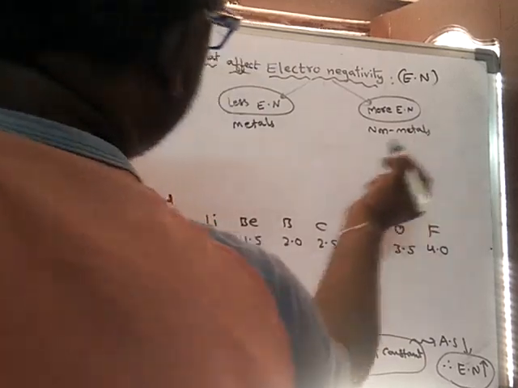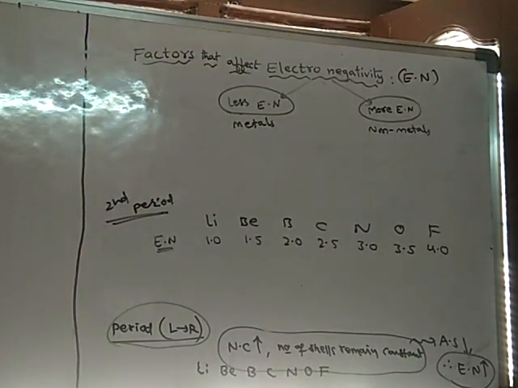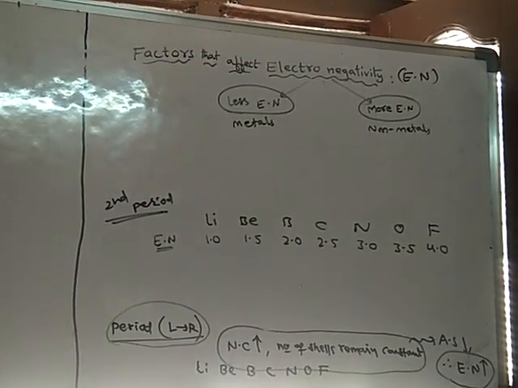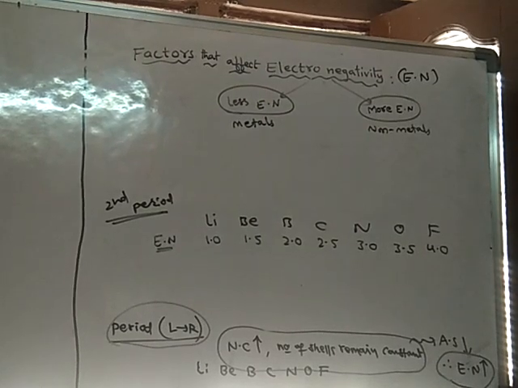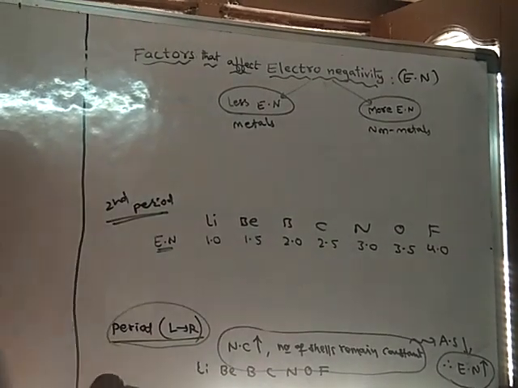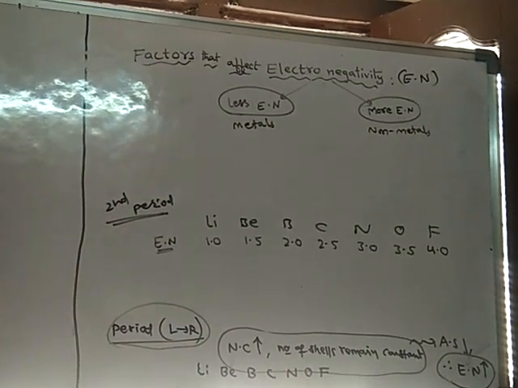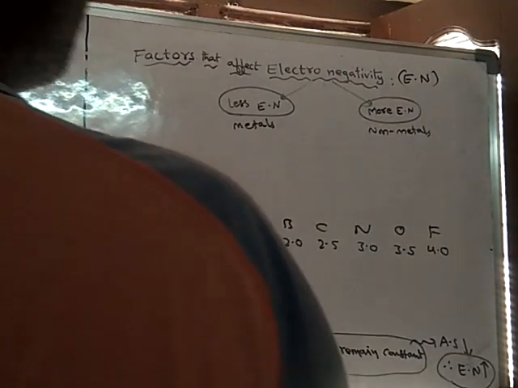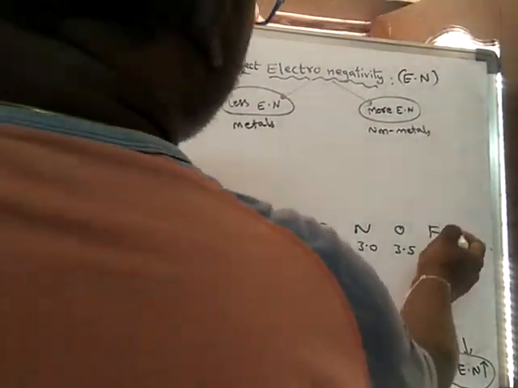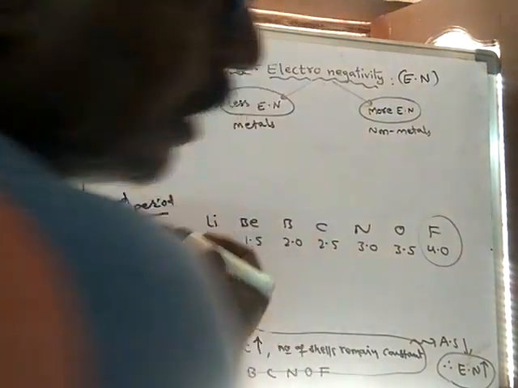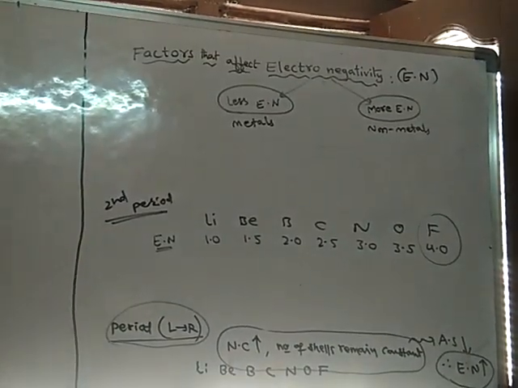Non-metals possess more electronegativity. So which element possesses the highest electronegativity? Fluorine is the element which possesses the highest electronegativity in the entire periodic table.